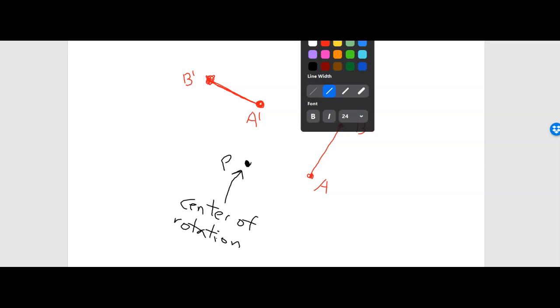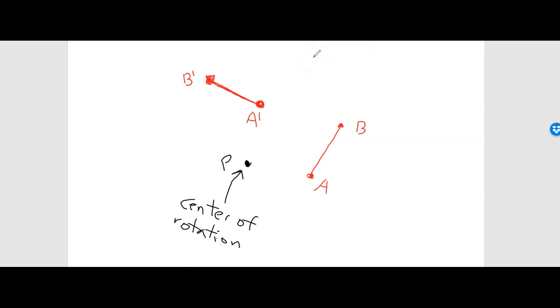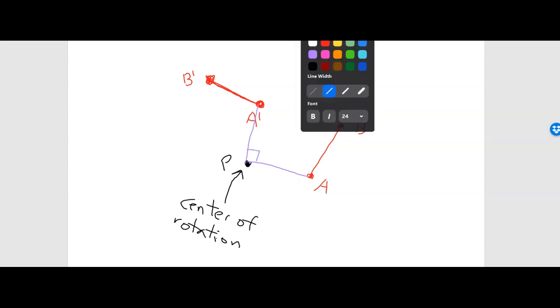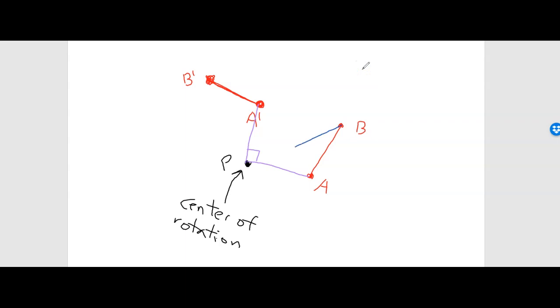And you'll see, if I put these segments back in, that there are 90-degree angles formed between each set of corresponding points. The A and the A prime form a 90-degree angle when I connect them to the center of rotation, as well as my B and my B prime.